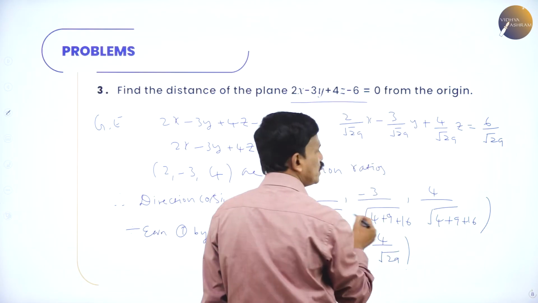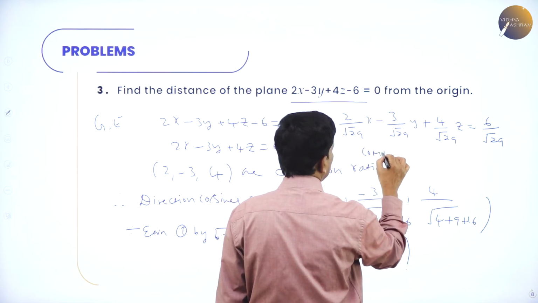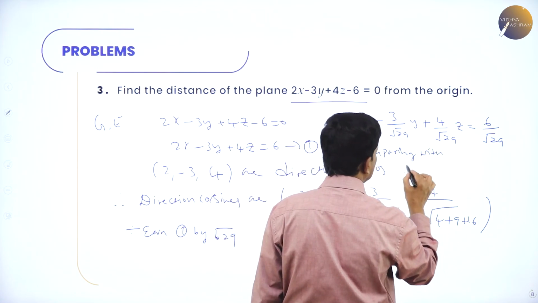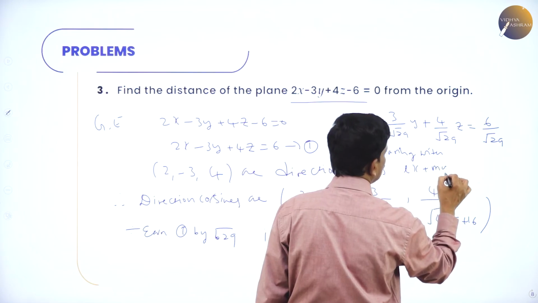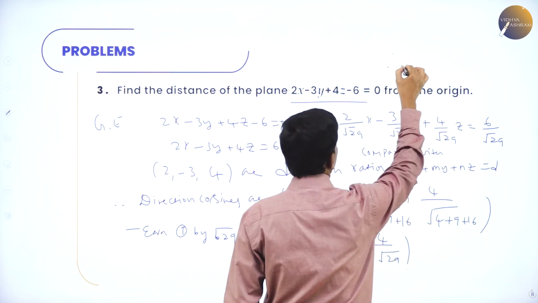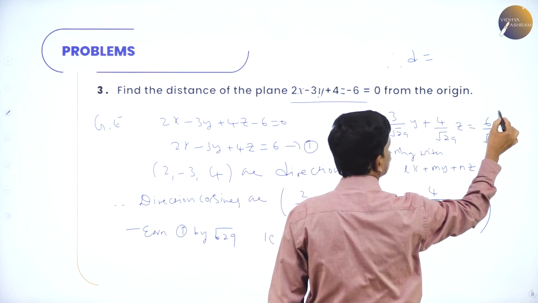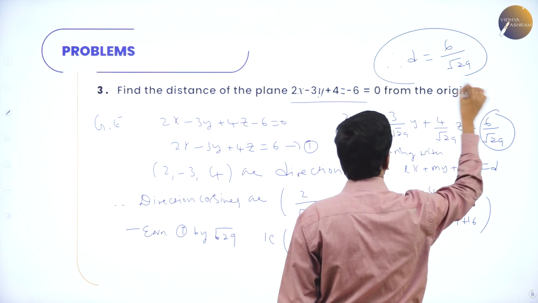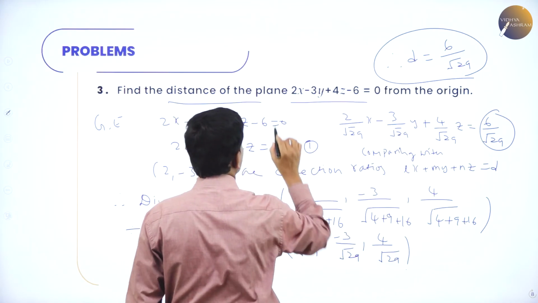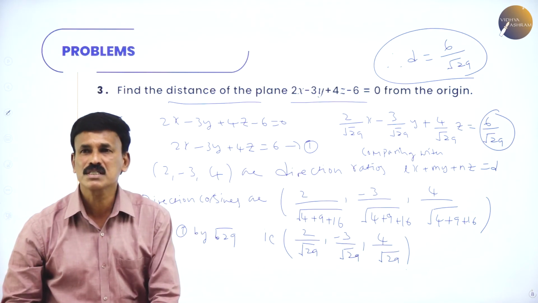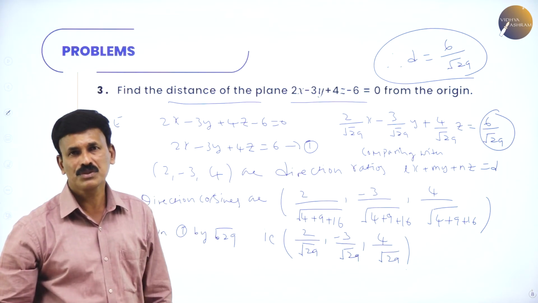Now, if you compare with the standard equation of the plane, l into x plus m into y plus n into z is equal to d, we will get the distance d is equal to 6 by root 29. Hence, the distance of the plane from the origin is 6 by root 29.